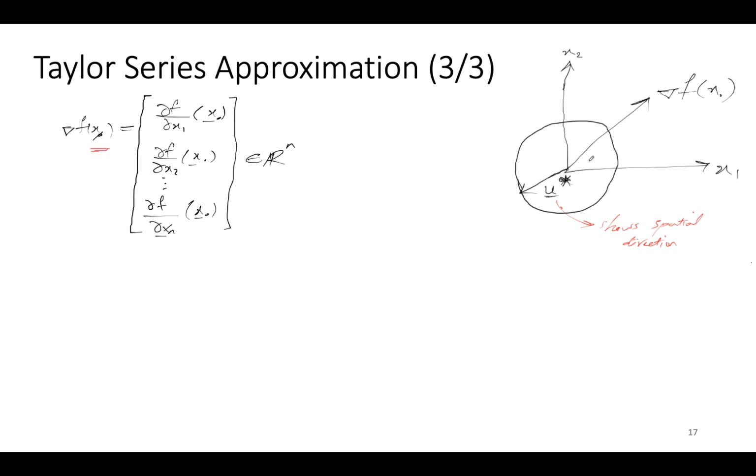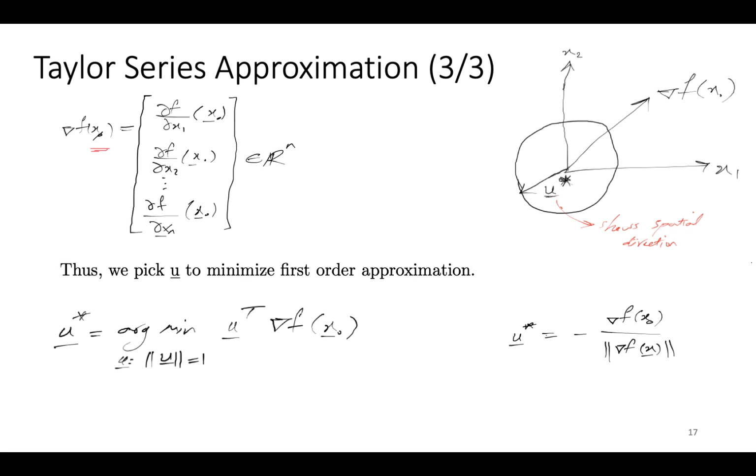Normally, it'll show you the spatial direction on the opposite side of your gradient. That's why we need to apply a minus to the gradient in order to have the right direction. Putting all together, our optimal U star is going to be the minimization of the vector of U transpose multiplied by the gradient of f at the point of x, vector of x0, okay?